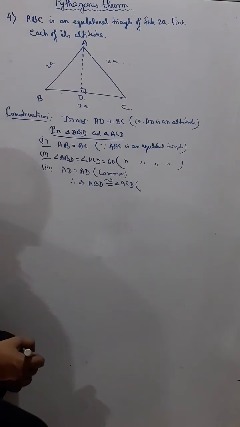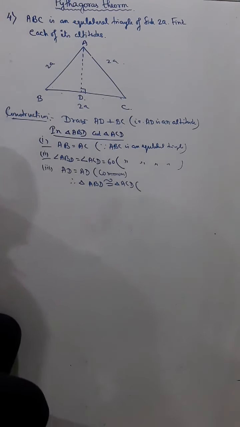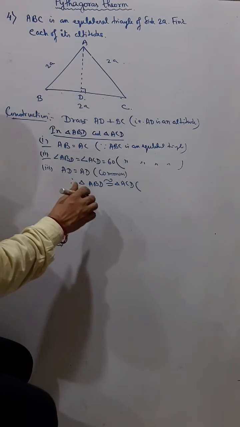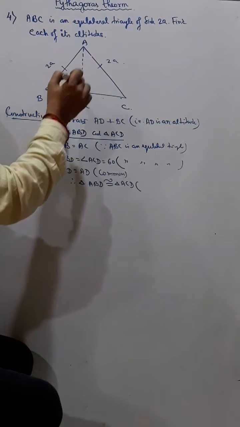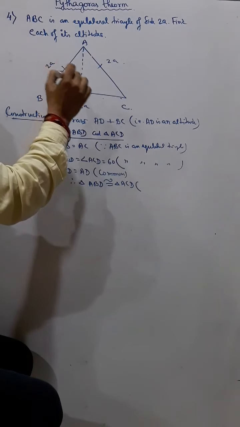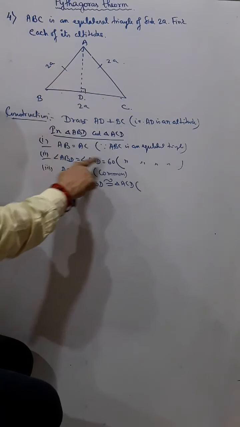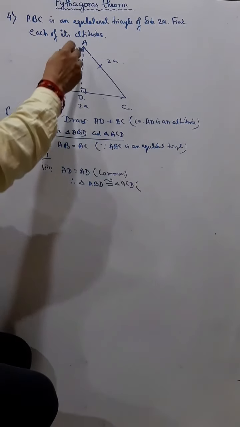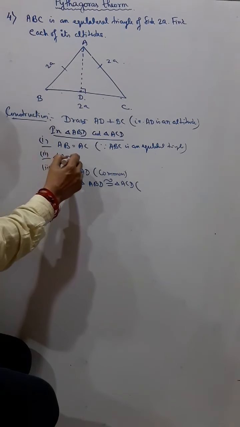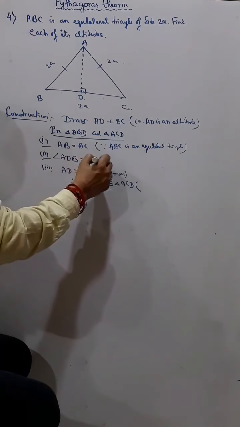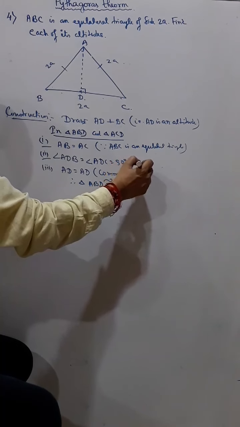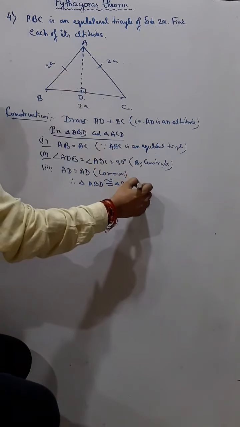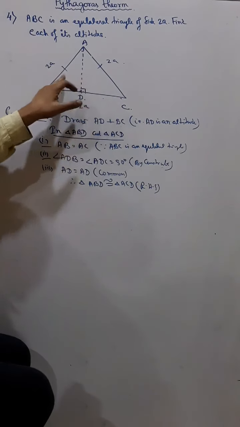Instead of the angle equality, I can also say angle ADB is equal to angle ADC is equal to 90 degrees, by construction, because it should follow a certain criterion of congruency. So these two triangles are congruent by the RHS criteria, right angle, hypotenuse and side.